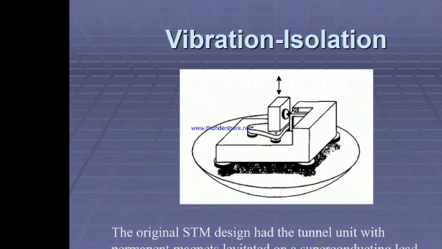Now we talk about vibration isolation. The original STM design had the tunnel unit with permanent magnets levitated on a superconducting lead bowl. They used 20 liters of liquid helium per hour, which was too expensive for a common procedure.